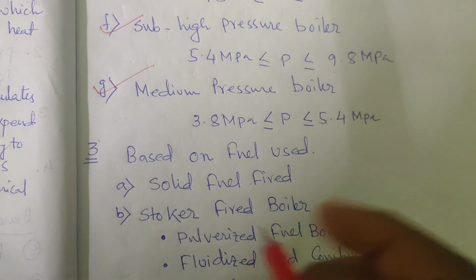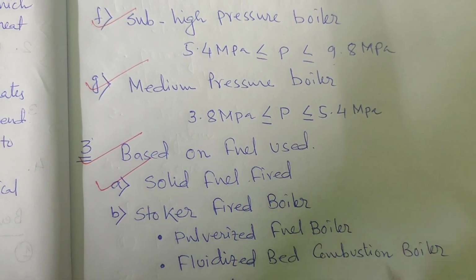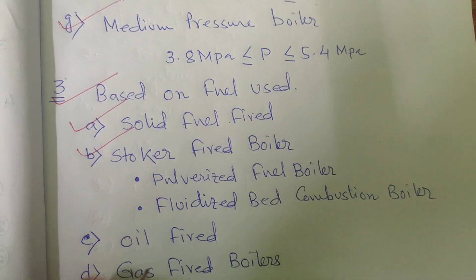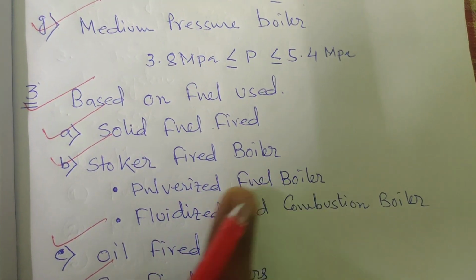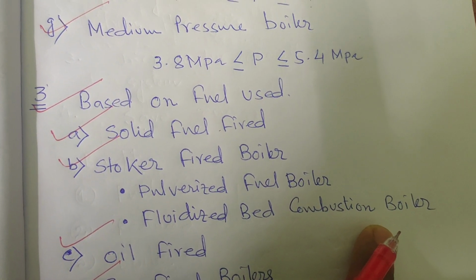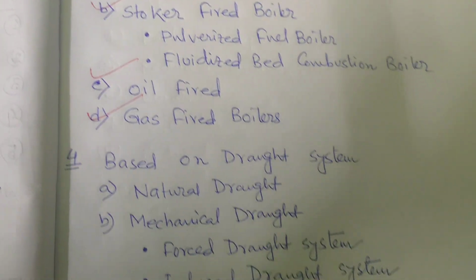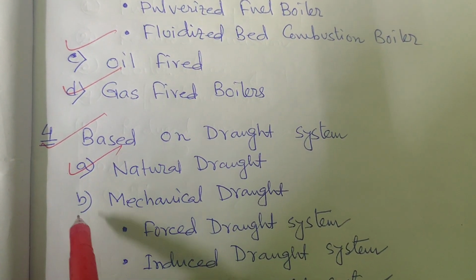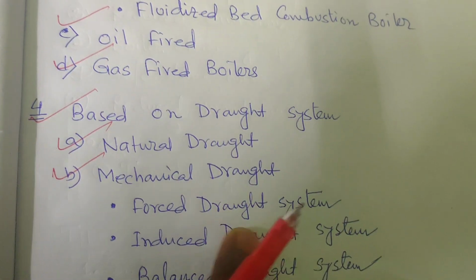Based on the fuel used, boilers are divided into solid fuel fired boiler, stoker fired boiler, oil fired boiler, gas fired boiler, pulverized fuel boiler, and fluidized bed combustion boiler. So based on the fuel used, we can divide it into these types of boiler. Based on the draught system: natural draught boiler and mechanical draught boiler.